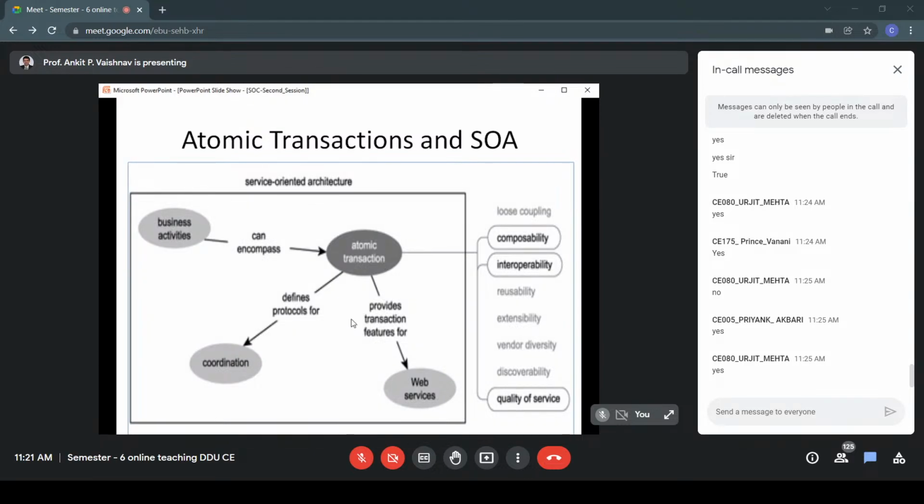Atomic transaction defines the protocols for coordination, as we have seen earlier. An atomic transaction provides the transaction features for web services. Depending upon the technology you are using, either .NET or Java or any other, it will provide you different transaction features for the web services framework. Are you clear with this summary slide of atomic transaction?